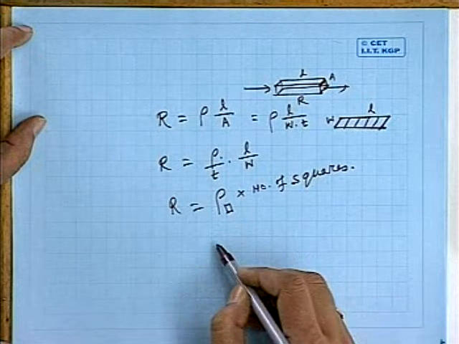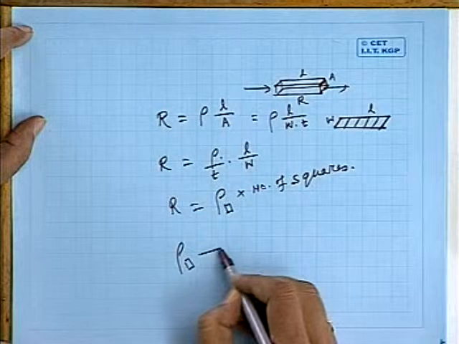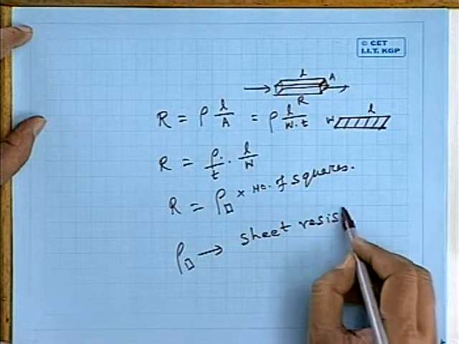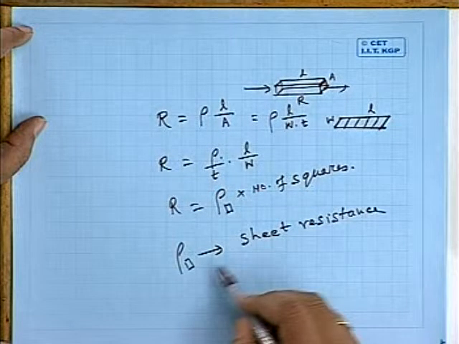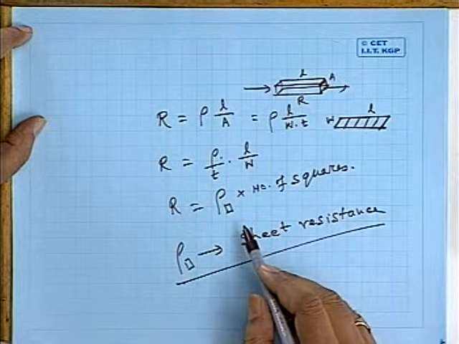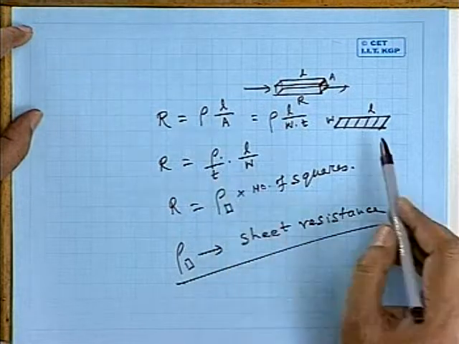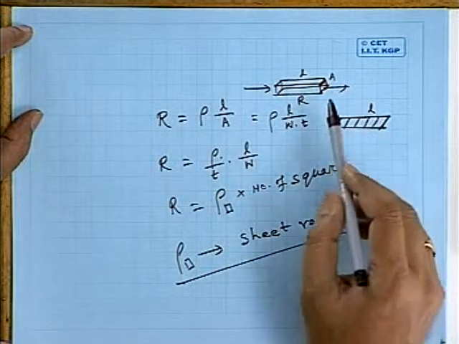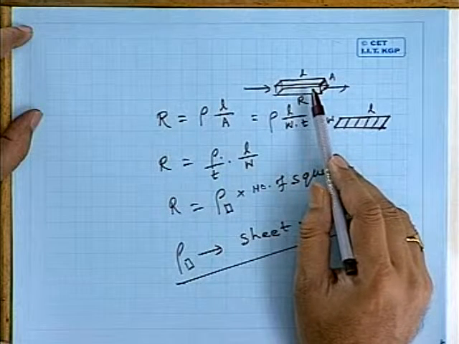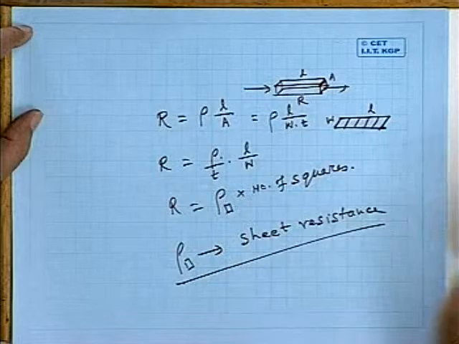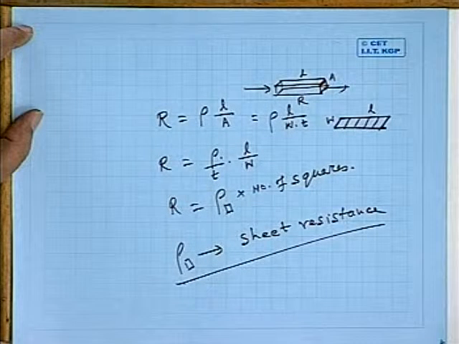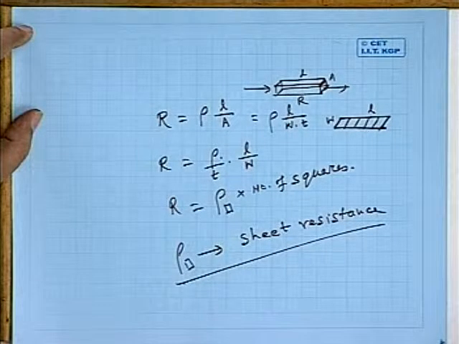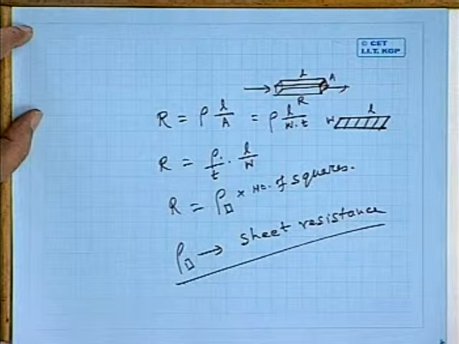So that means the rho square is known as sheet resistance. Sheet resistance, and if I know this sheet resistance, that is basically rho by T. Rho is the resistivity and T is the thickness of this semiconductor bar, and in this case the thickness of this diffuse layer, from here to here, is the vertical thickness, and in this view graph you can see length is from this region to this region, and width is from this point to this point.